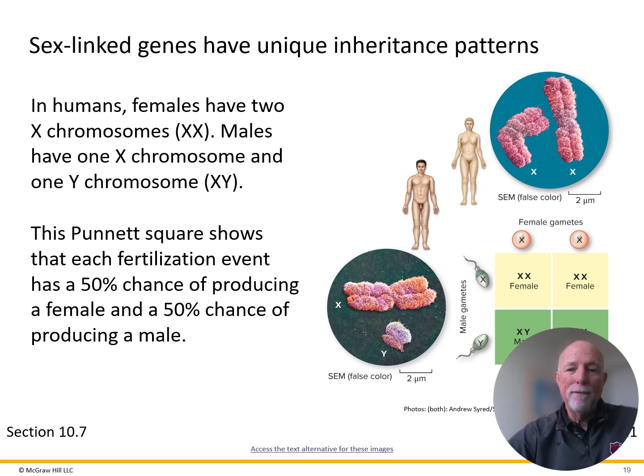Look here, we have a female that can pass on one gene or chromosome to her offspring, and she can only pass on an X chromosome. But look here, in males, males can pass on either an X chromosome or a Y chromosome to their gametes.